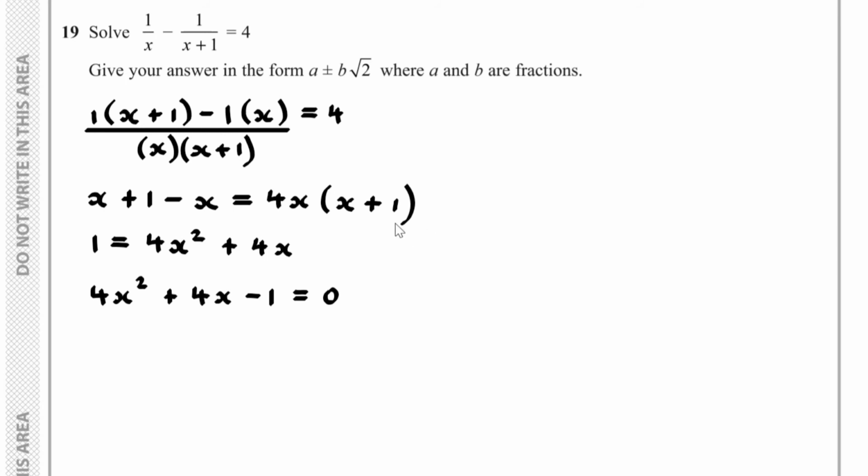First thing I'm going to do is divide by 4 to simplify this to x squared plus x subtract 1 over 4, and this is equal to 0.